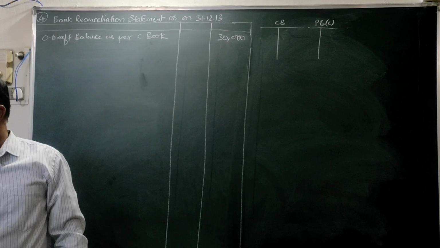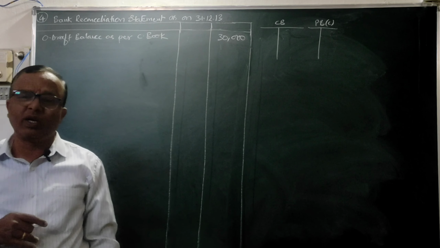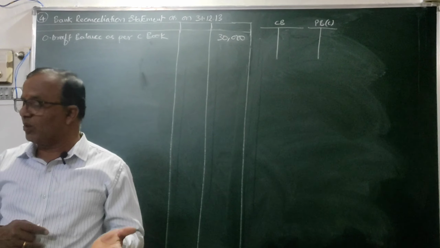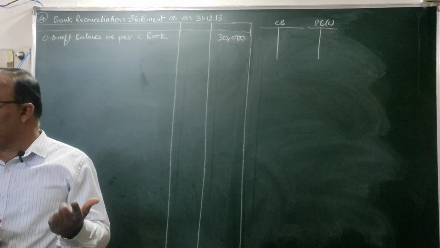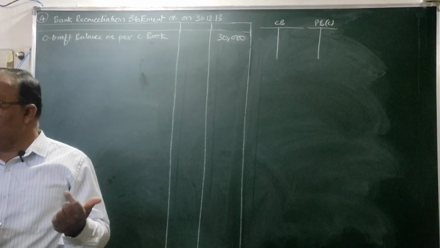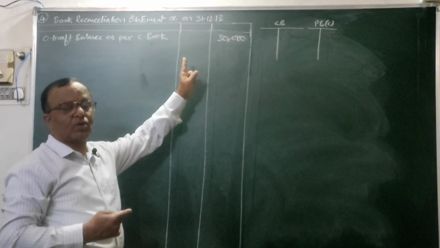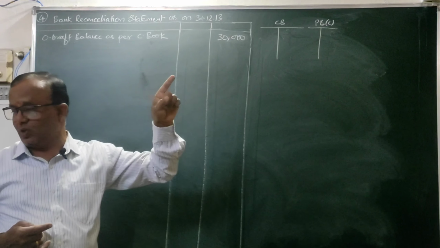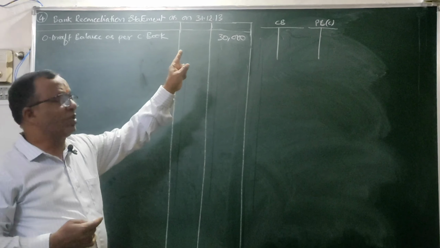That means out of the checks of 6,000 paid into the bank on 29th December, 3,000 are credited in the passbook on 2nd January.